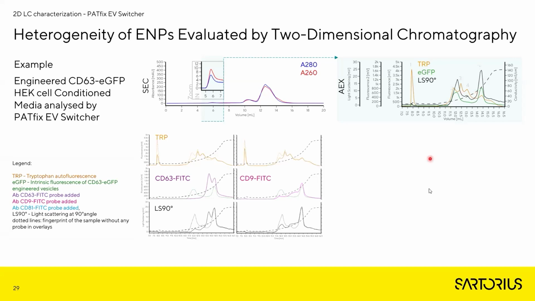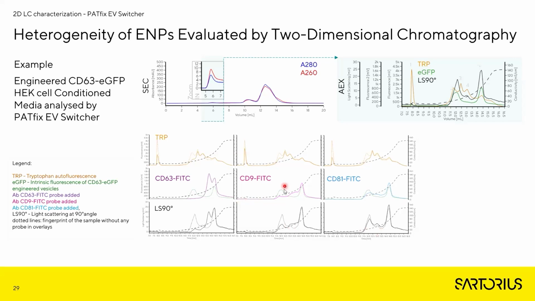So if we spike this sample with the antibodies, we can follow the shift in peaks in response to the antibody probe binding. This is expected as the binding of the probe would change the surface of the particle.